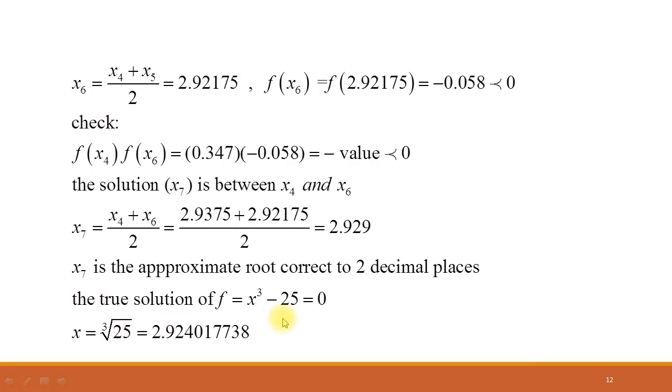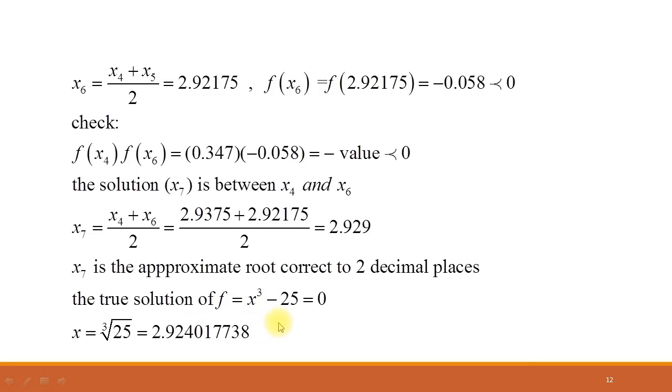We obtain the cube root of 25, which is equal to 2.9240177738, and the approximate x7 root is 2.929. So this x7 root is correct to 2 decimal places and to 2 significant digits compared to the exact result.